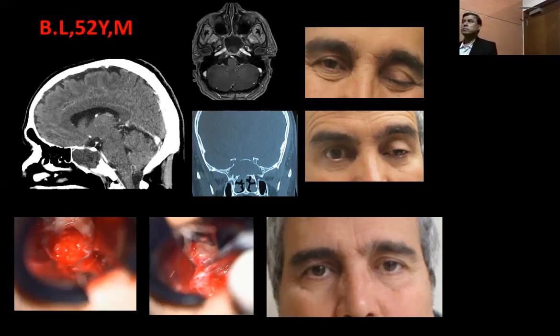And sometimes we mention, if it is very important, even a small mucoperiosteal thickening; sometimes we also consider that in our diagnosis. ENT specialists sometimes like it, sometimes they don't like it.